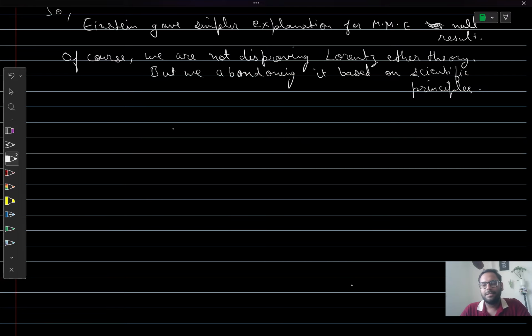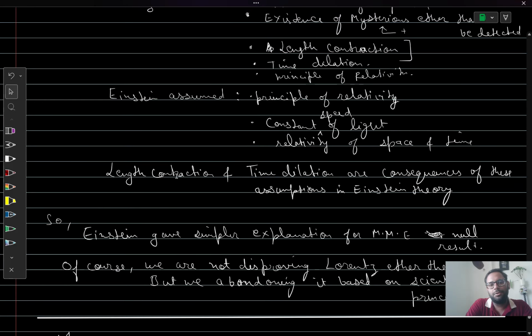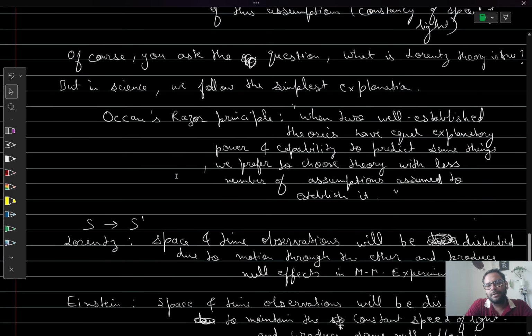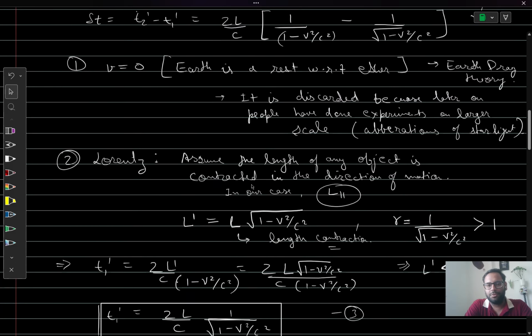And there is a question. We will do the Lorentz transformation quickly, but there is a question you must be asking. In both theories, whether ether exists or not, you will see that time dilation and length contraction kind of things are happening.